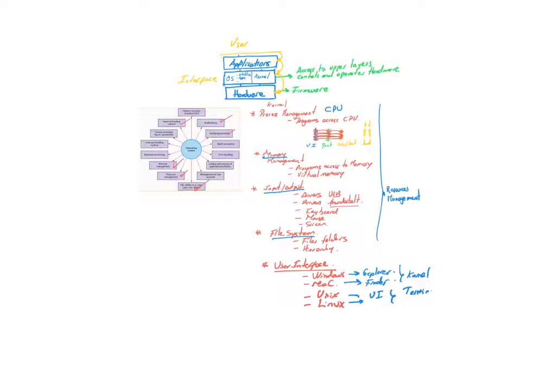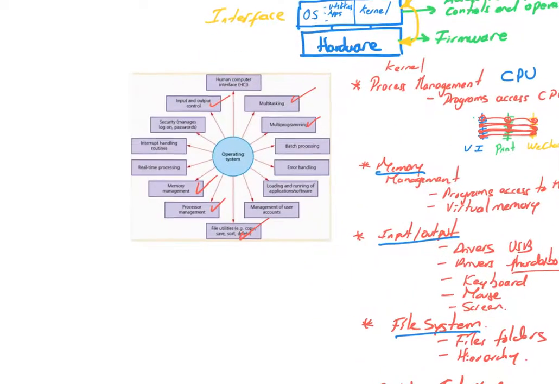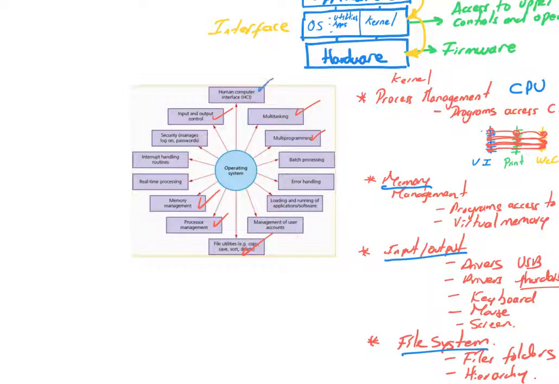You can choose the terminal that you want, or you can even choose your desktop application and your desktop graphical user interface. For some of them, these are kind of like apps or utilities that you install on top of the kernel. So the user interface could be part of the kernel or not, depending on the operating system.